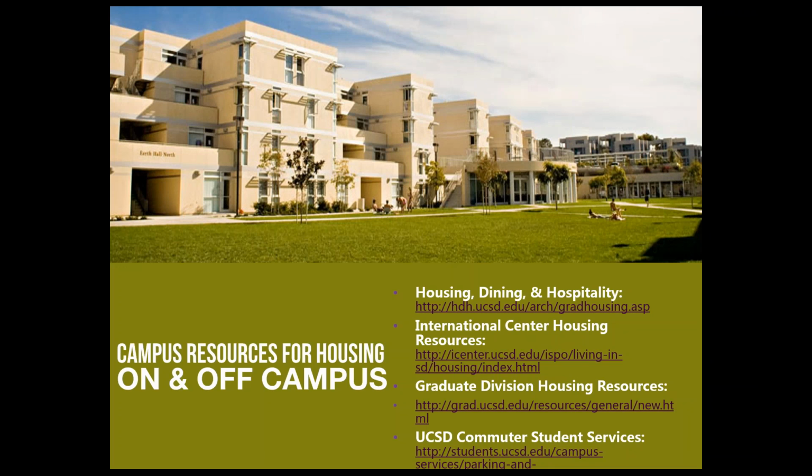If you would like to do more research about housing options at UC San Diego, you can visit the UC San Diego housing page, which is Associated Residential Community Housing, also known as ARCH. ARCH offers housing to eligible graduate and professional students. In addition to the housing website, please check out the Graduate Division page, as well as the International Center's housing page.